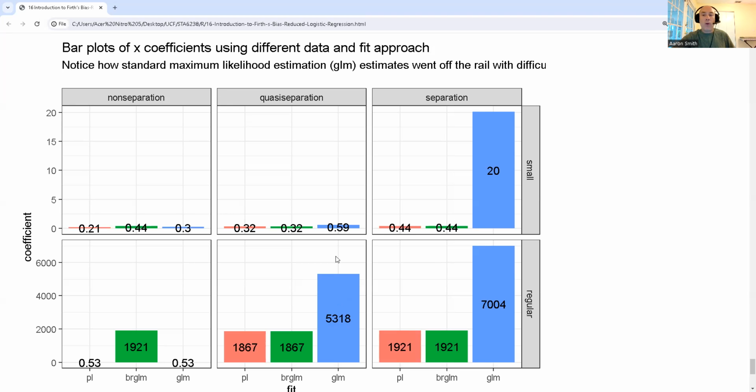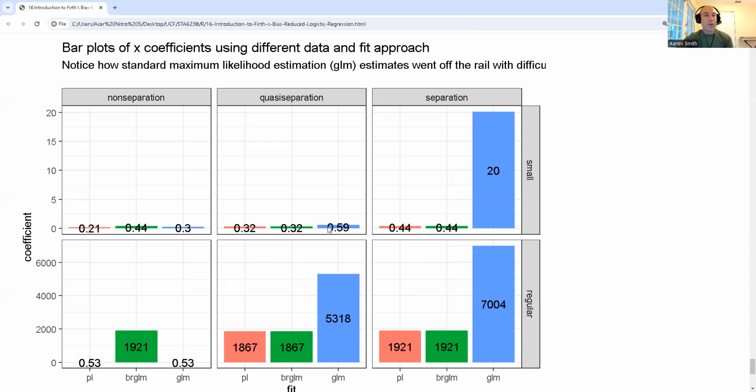But now if we go on, when we have quasi-separation, you can see that with a large data set, it still gave me some extreme values. It's not as bad as it was for regular separation. But remember, I only took 2 points and moved them. That's the entire difference. Now, when I have small data sets, everything worked out about how it should with quasi-separation.